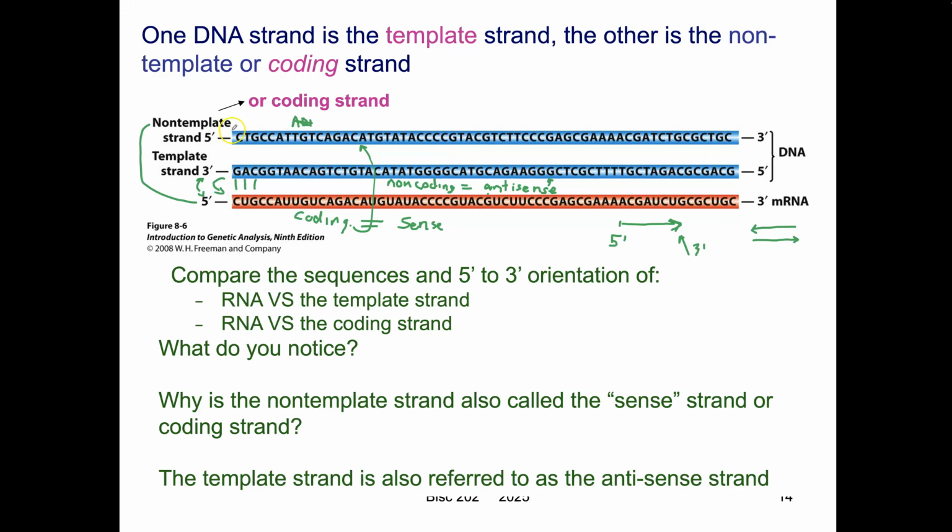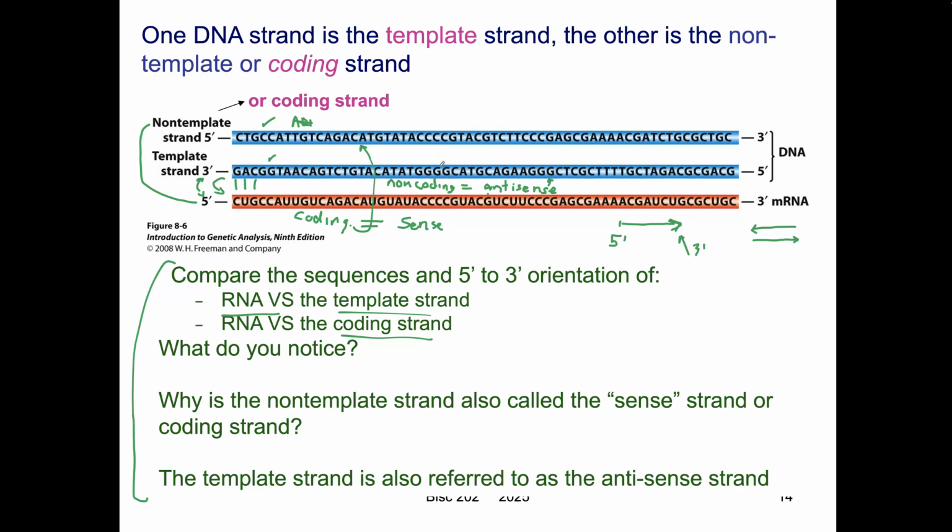Okay, so hopefully that makes sense. And then you want to just go through and make sure that you can answer these questions, because if you can say how the RNA sequence compares to the template strand versus how it compares to the coding strand, and why we call the non-template strand the sense strand and the other one the antisense, so if you understand why these are named the way they are, then you will have understood this part.